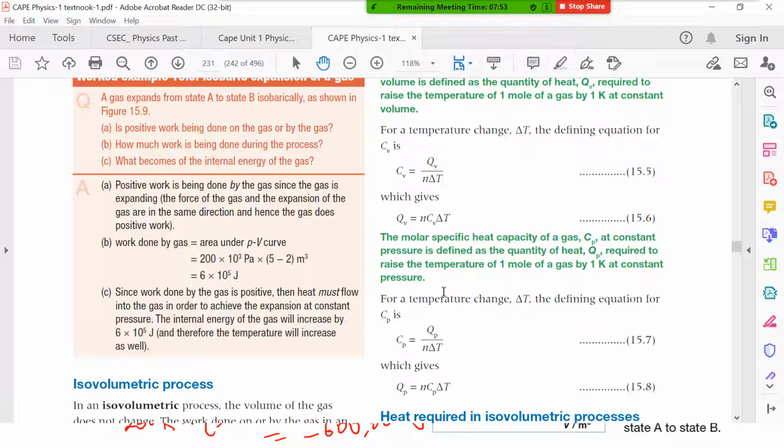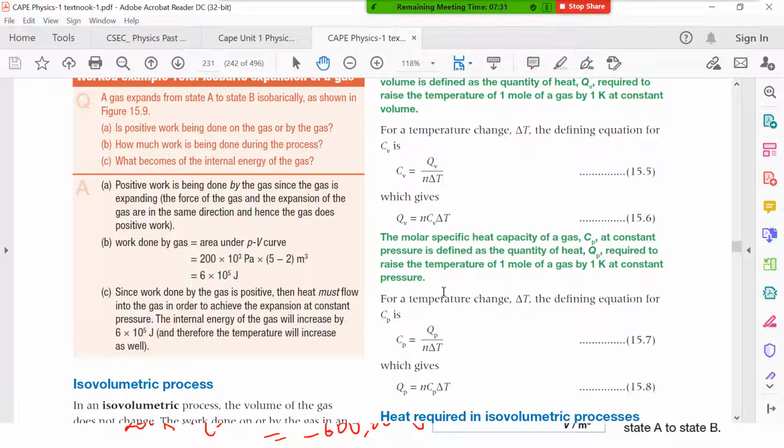Anyways, the answer to the last question would be linked to the fact that because you're expanding the gas, you will require heat to expand the gas, right?